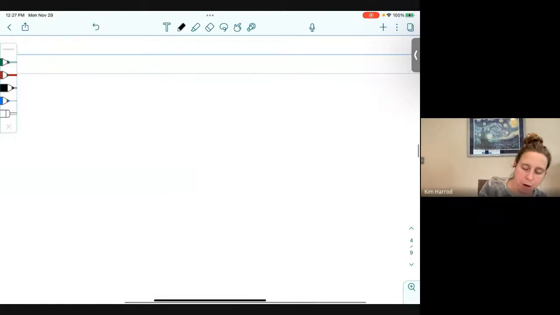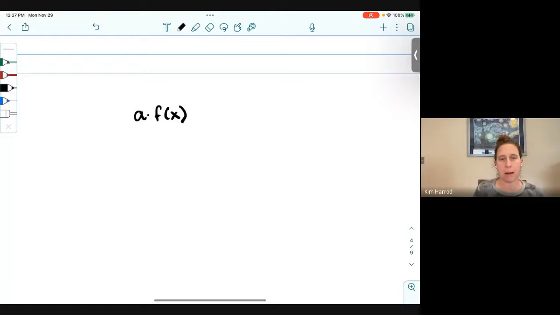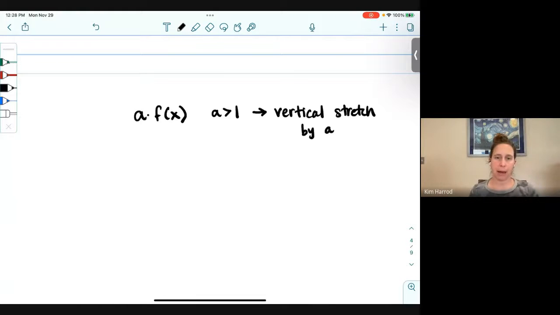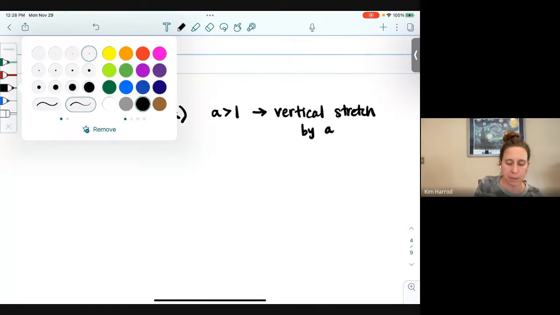So let's summarize here. When you multiply your function by a number, and if that number is bigger than 1, that is going to lead to a vertical stretch by whatever you multiplied it by. And again, I just said I oftentimes abbreviate that.